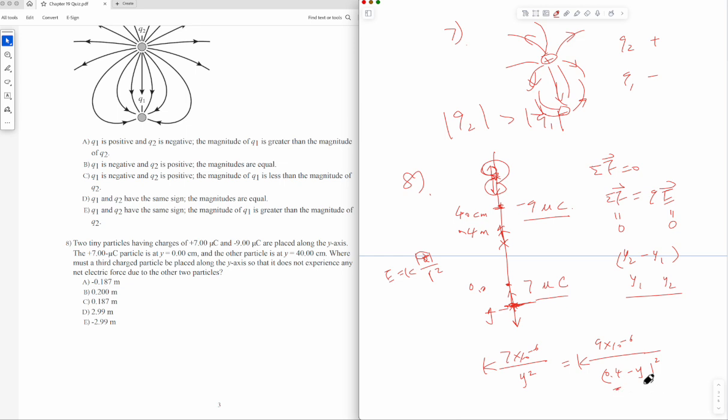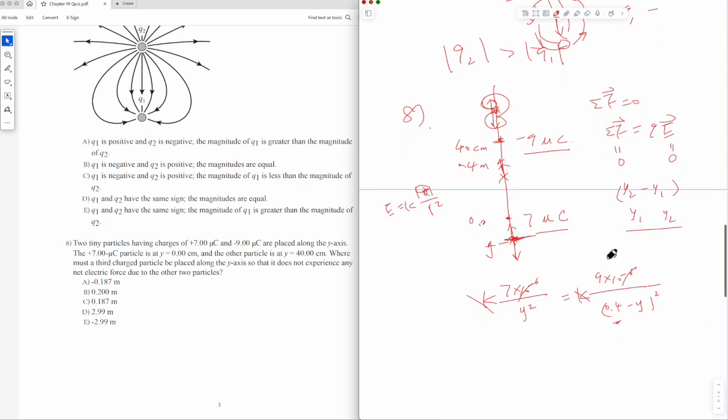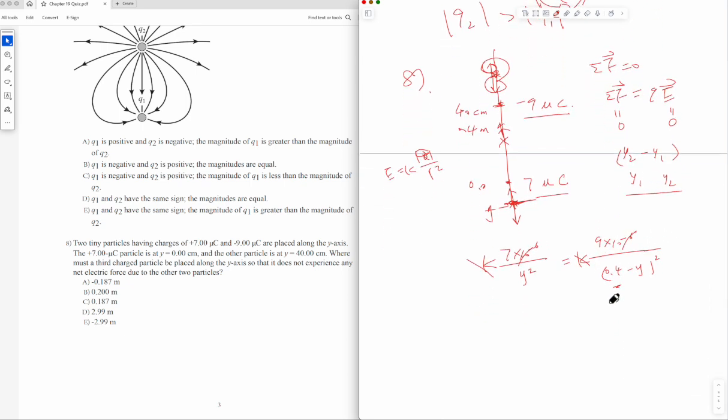You see 0.4 and y, and you just do the calculation. The 10 to the negative 6 cancels. So basically you solve this equation: 0.4 minus y, squared, times 7 equals 9 y squared.